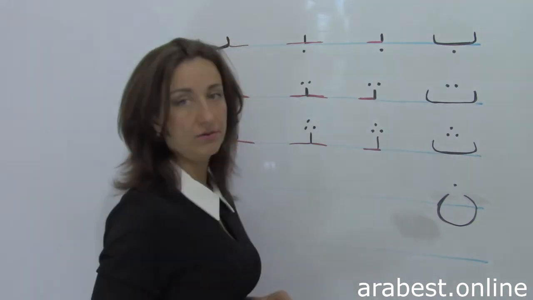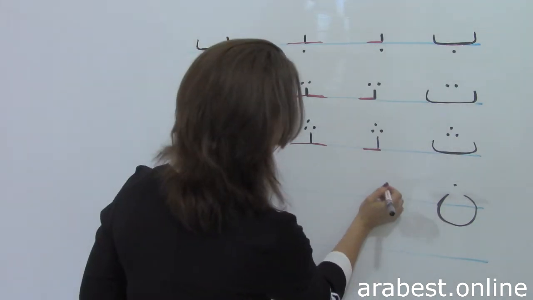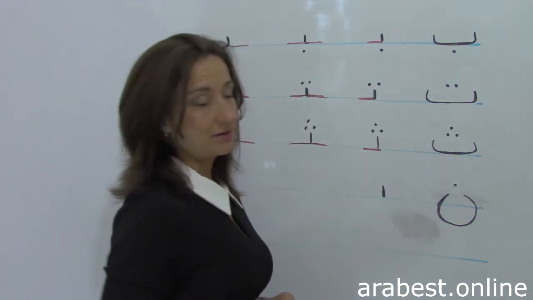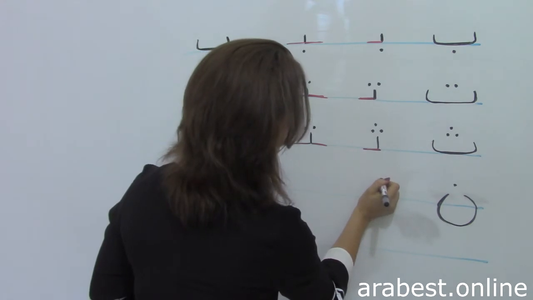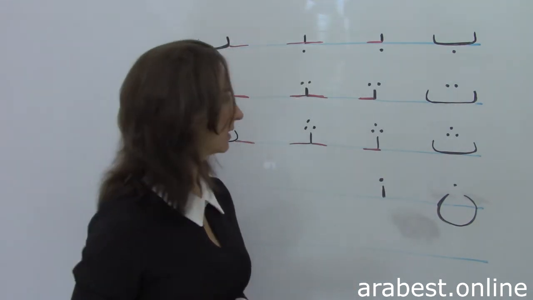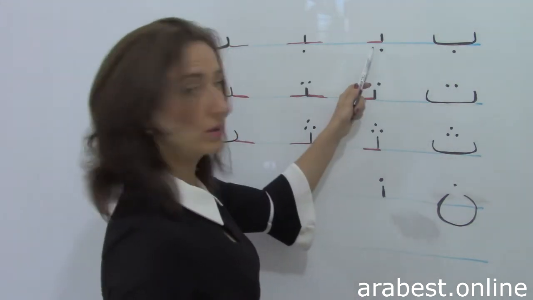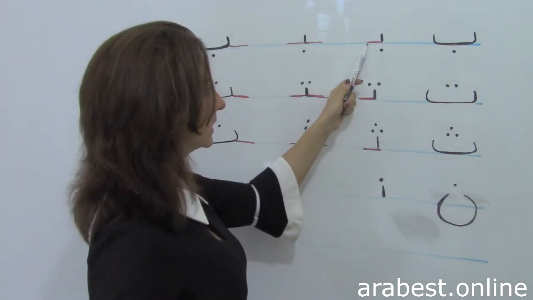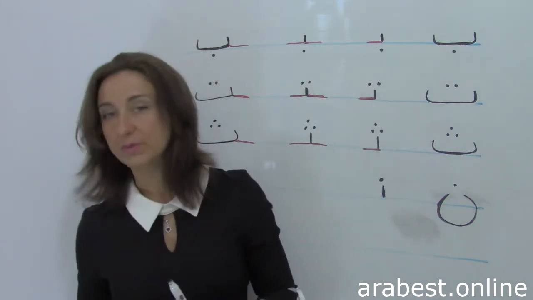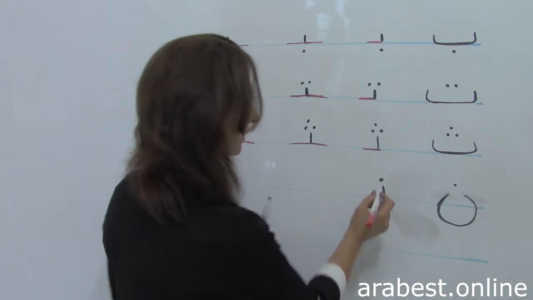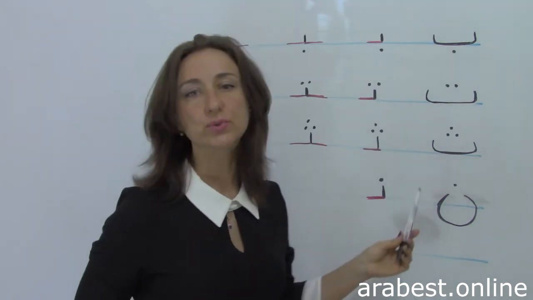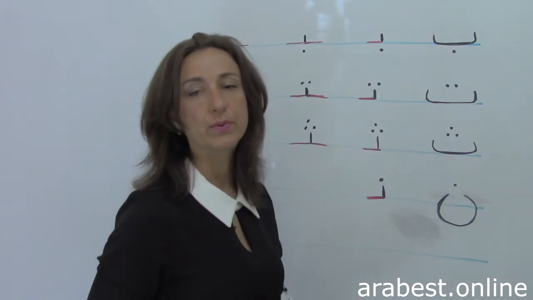In the beginning of the word, this letter will look like a small vertical stick with one dot above. Now we check letter ba and letter nun. They are almost the same. This is the reason for adding letter nun to our group.